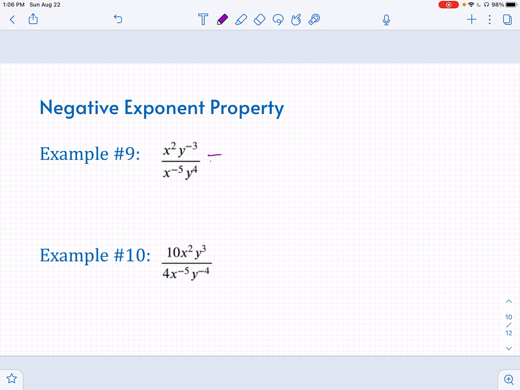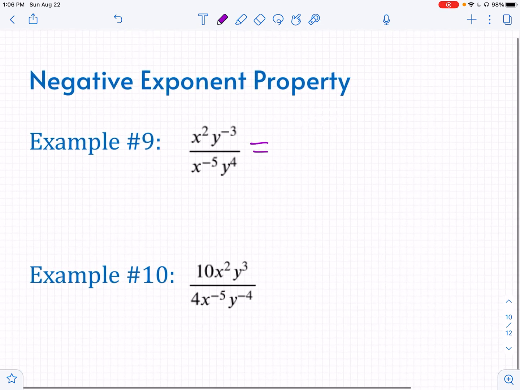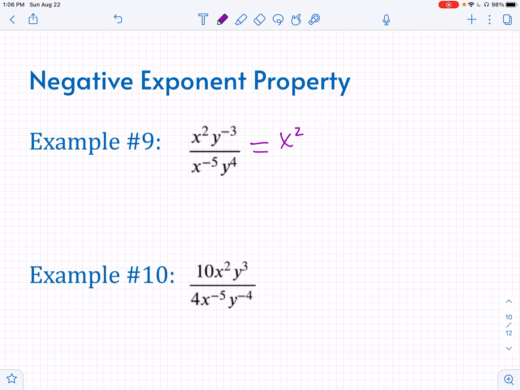So let's start these by just rewriting them without any negative signs. I'll leave the x squared up here because it's already positive. And I'll leave the y to the fourth down here because it's already positive. But the y to the negative third, I'm going to move to the denominator. And the x to the negative fifth in the denominator, I'm going to move to the numerator.